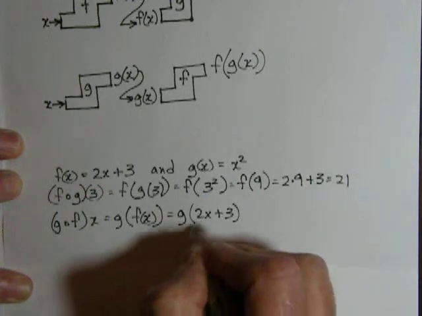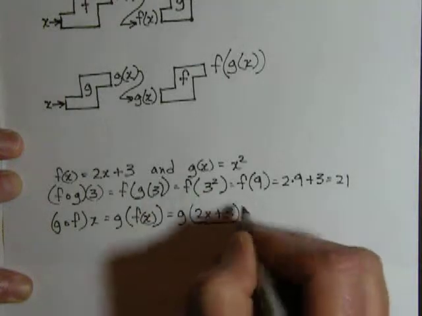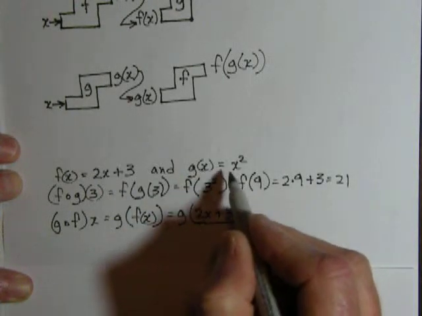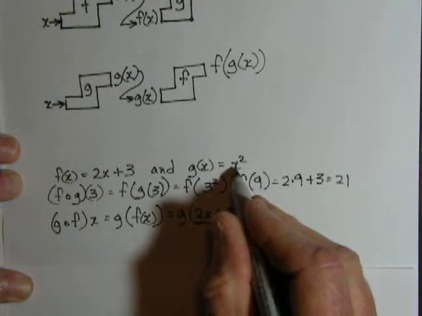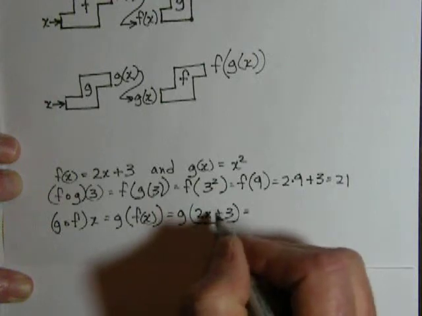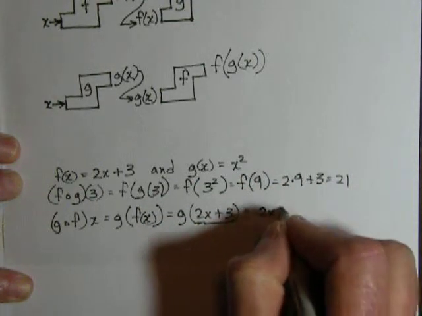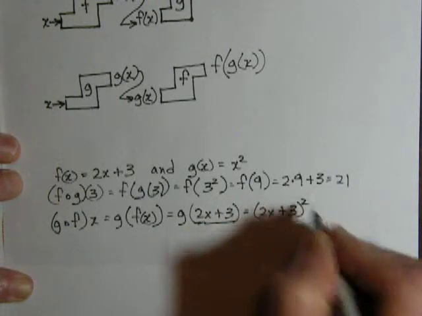To do this, I plug this whole quantity into g. So this means, since it says g of anything, it means square that thing, this whole quantity is taking the place of the x here. So in other words, g tells me to square whatever comes into it. So basically this is going to be 2x plus 3 quantity squared.